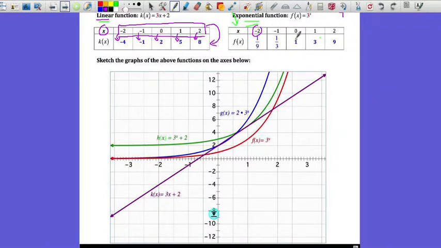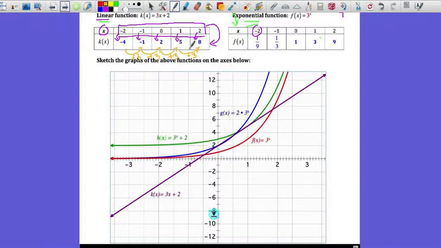If you compare the table of values, you see how quickly the exponential function starts to grow. Once x gets larger, the exponential function starts to grow very quickly, whereas the rate of growth for the line is constant. And so if we look carefully, from minus 4 to minus 1, we have added 3, and we have added 3, and we have added 3, and that pattern continues forever.